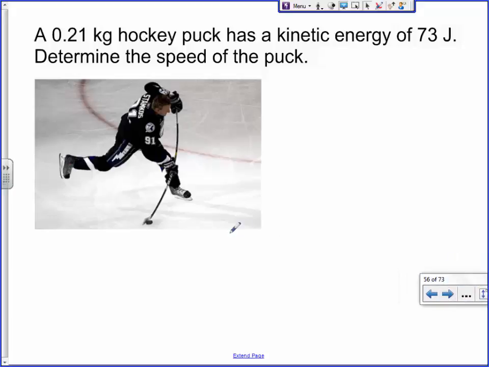Stamkos is shooting a hockey puck. Why is the puck getting so much energy? What happens in a stick? It flexes, right? That's your elastic energy in a way. Before he releases the puck, he's done work. He's applied a force over a distance to a stick, and he's given it that flex, so there's potential energy just waiting right there.